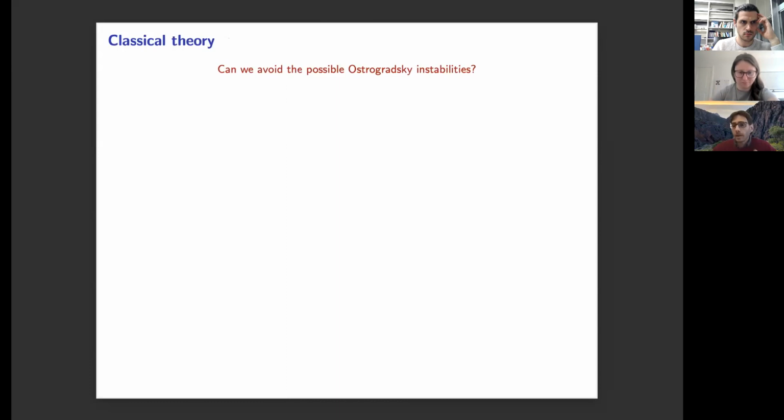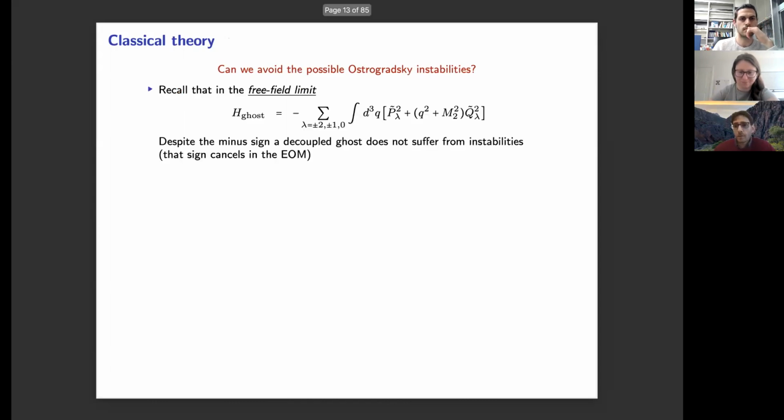So let's start with the classical theory and see if we can deal with this problem. Essentially the problem is how to avoid the Ostrogradsky instabilities that are suggested by the theorem, because the Hamiltonian is not bounded from below. And the idea is essentially to see if we can have a metastable situation where the runaways can be avoided if somehow the energies are small enough.